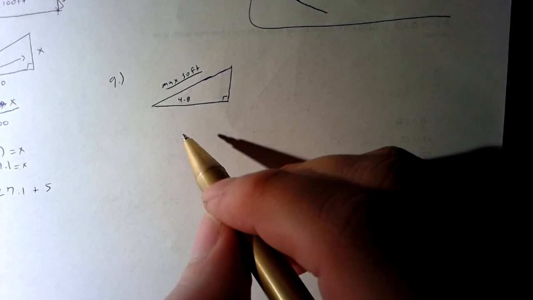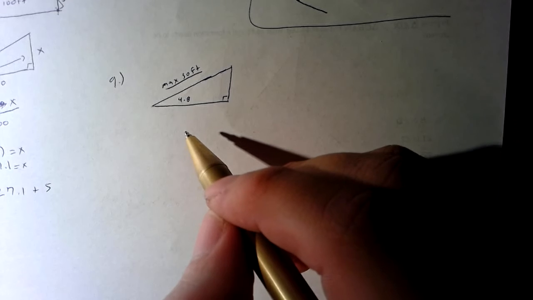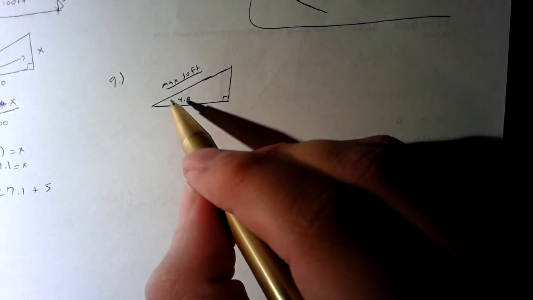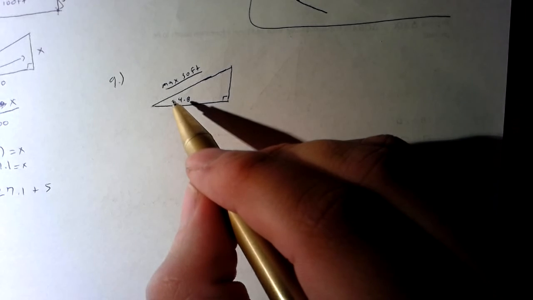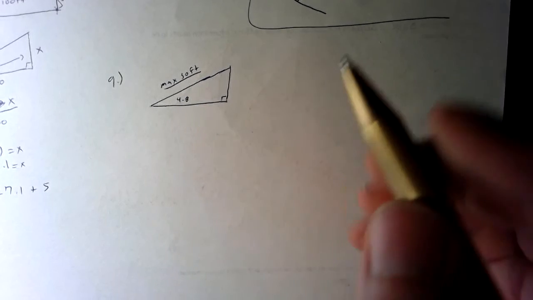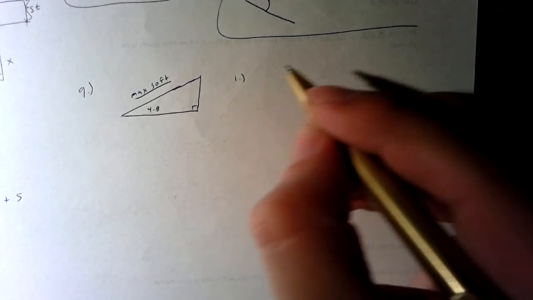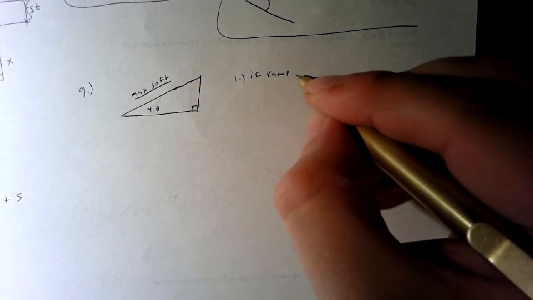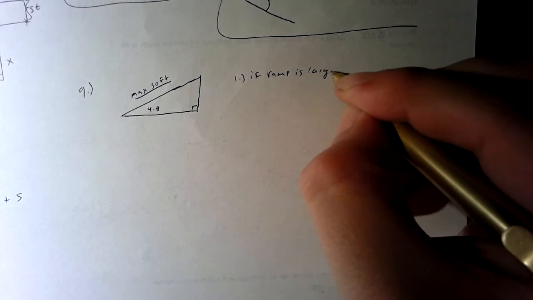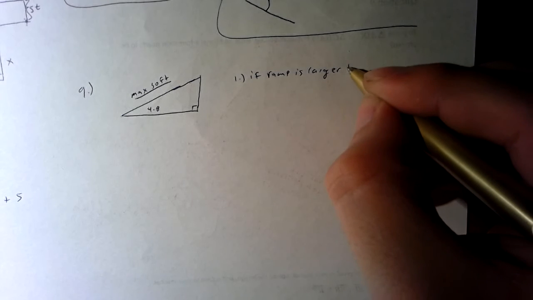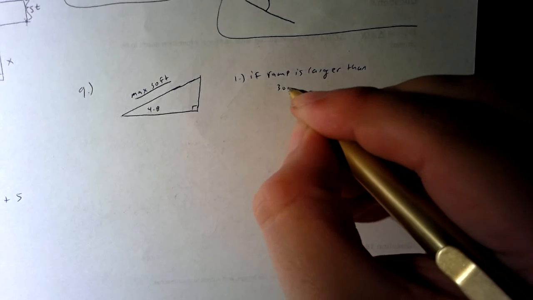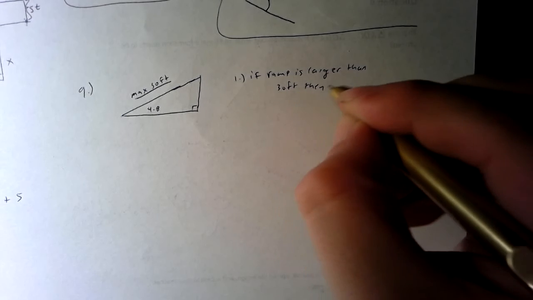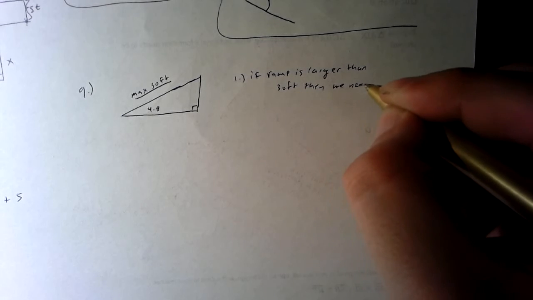What this is trying to say is if this ramp exceeds 30 feet, then we need to install a rest platform. So I'm going to write that on the side. If ramp is larger than, or more than, 30 feet, then we need a rest platform.